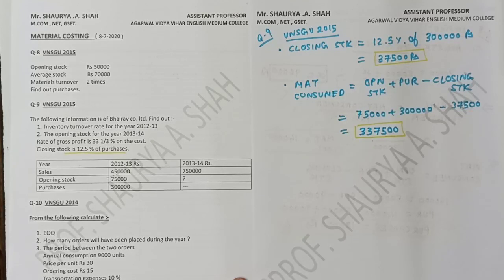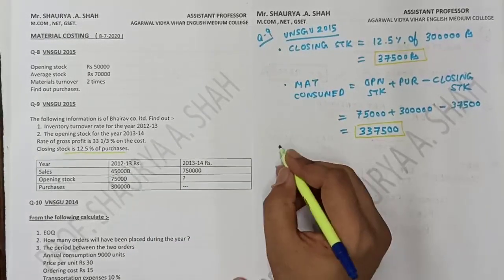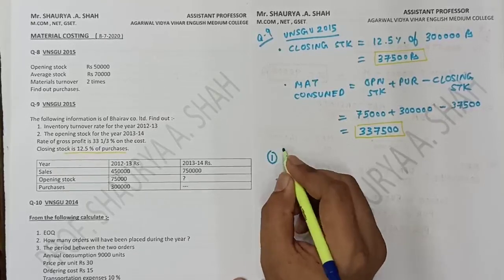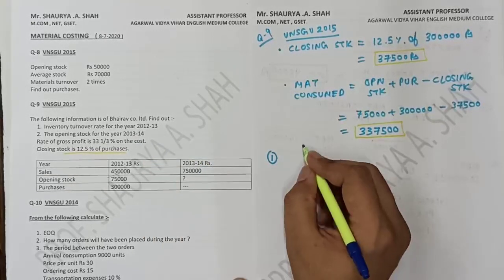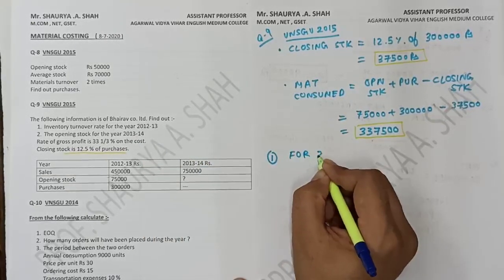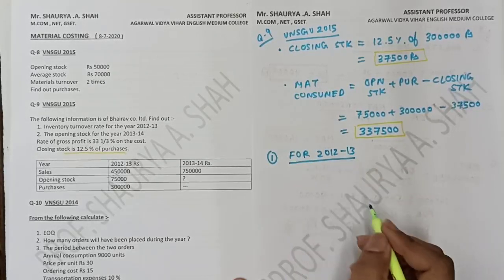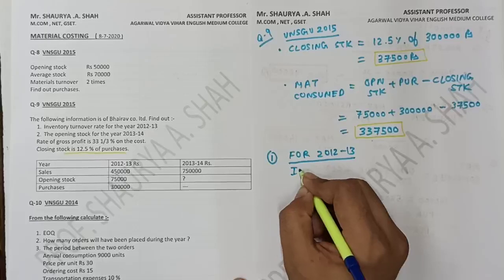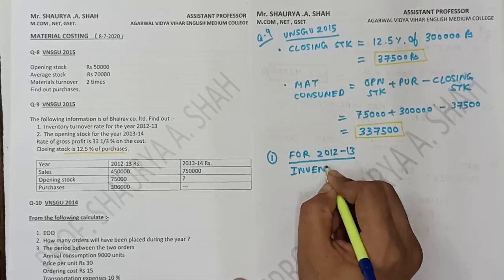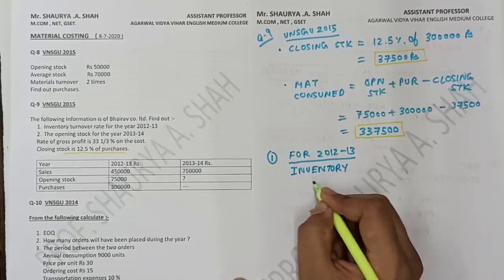Fine. So what you need to do is now solve the sum whatever they have asked particularly. So the very first thing they have asked is your number 1, inventory turnover rate for the year 2012-13. So I'll write down for the year 2012-13, write down inventory turnover rate, that is as good as material turnover rate, right?